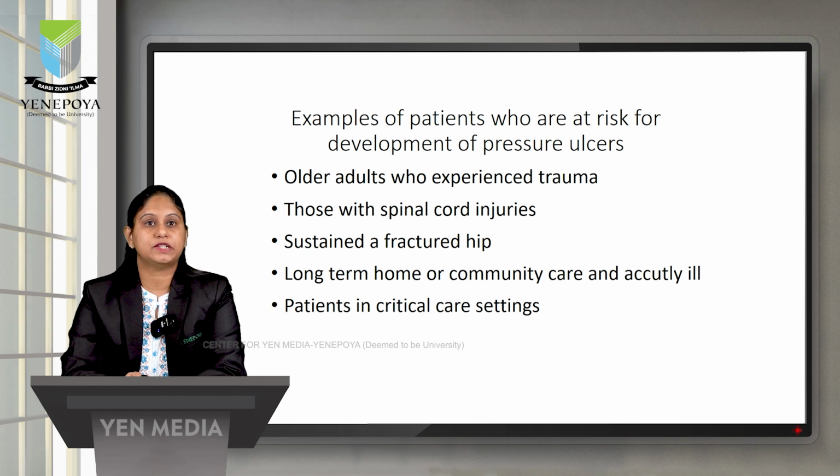Along with that, patients with spinal cord injuries, who are paralyzed, unable to move extremities, in a coma stage also have a higher risk, and patients with sustained hip fracture where they are unable to move the extremities. Patients in long-term home or community care settings who are acutely ill also have a higher risk of development of pressure sores.